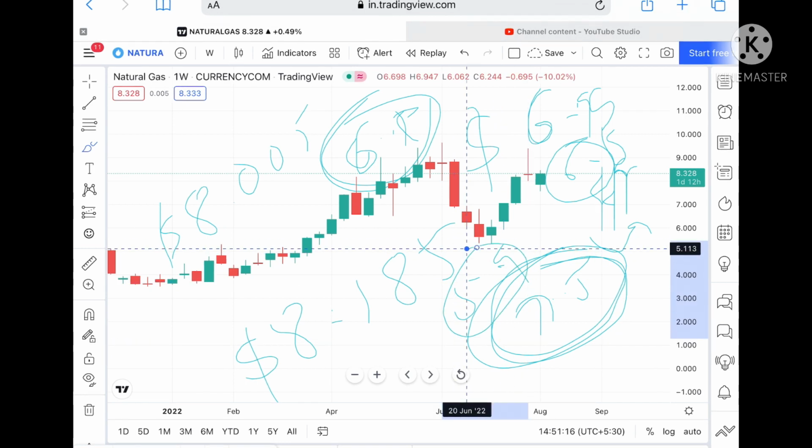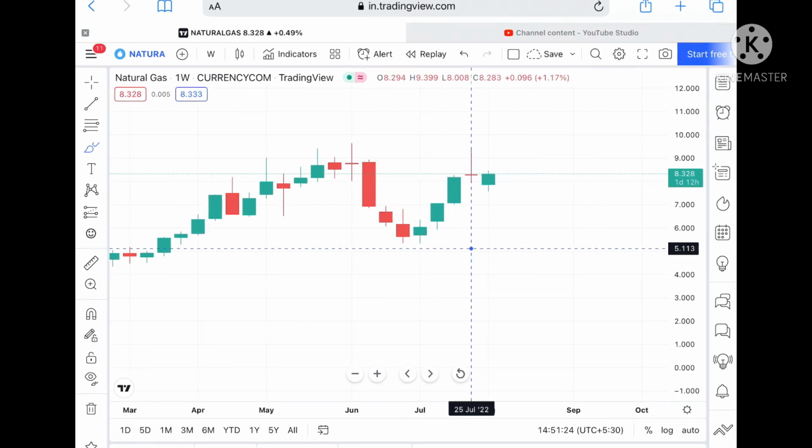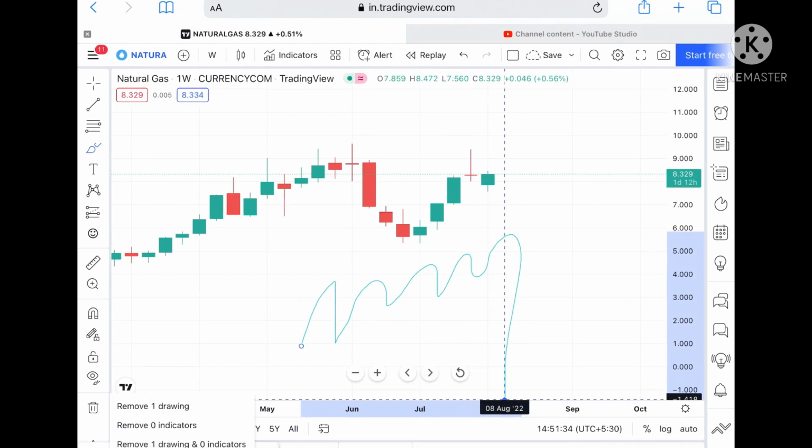Again I repeat, there is a high probability of a good movement in natural gas, as there is a lot of import and export happening here, so we can see volatility in natural gas.